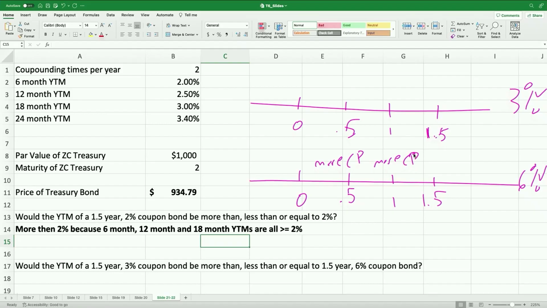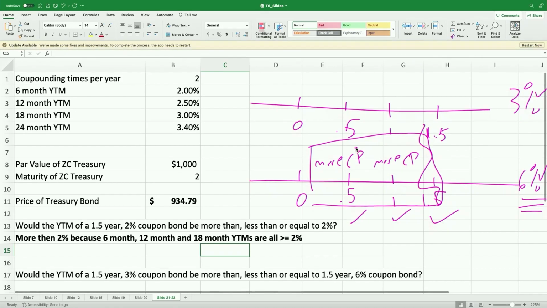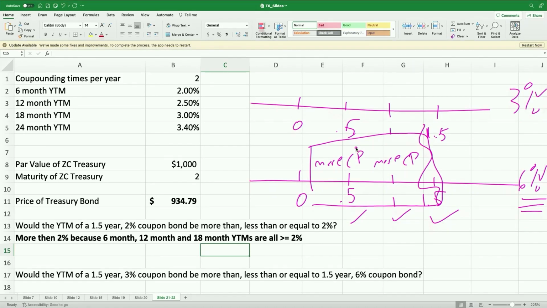And so when thinking about the yield to maturity being a weighted average of the yield to maturity at each of these 3 dates, the 6% bond is going to have more weight on these earlier dates, right? Because more cash is arriving at that date. Okay. All right. So let's look at the yield to maturity for these 3 dates.